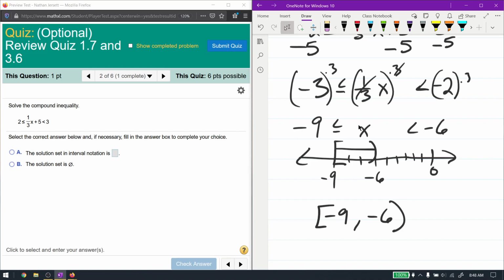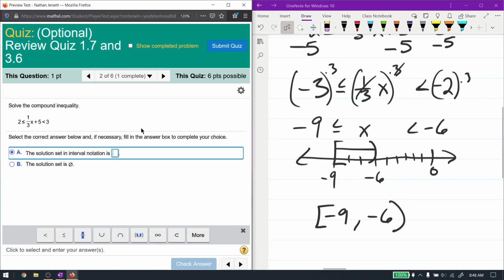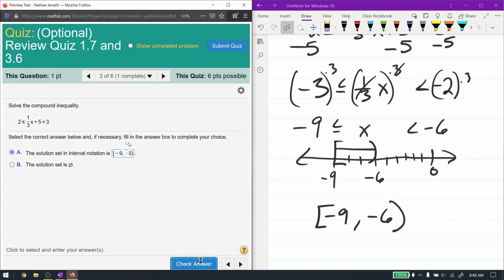That could be negative infinity, or some negative number, or some lower positive number. You start from the left-hand side, and then you get the rightmost number. So that could be like in this case negative 6, or it goes off to positive infinity like in the previous problem. Whatever you have to do to get the interval notation correct. But that is the correct way of writing that. And that's correct.